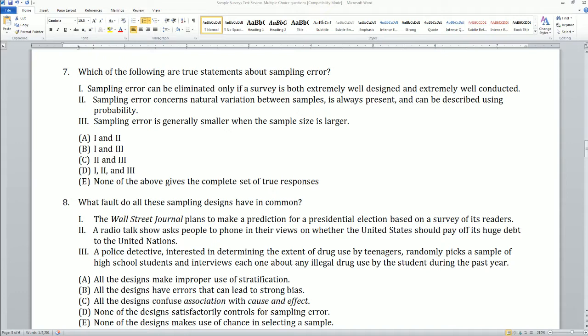I'm not sure. Okay. Because this is actually the definition. Sampling error is the natural variance between samples, right? It's that pulling of that small circle out of that big circle. It's always present. That's the definition. That is why two is correct. There's no explanation for that.